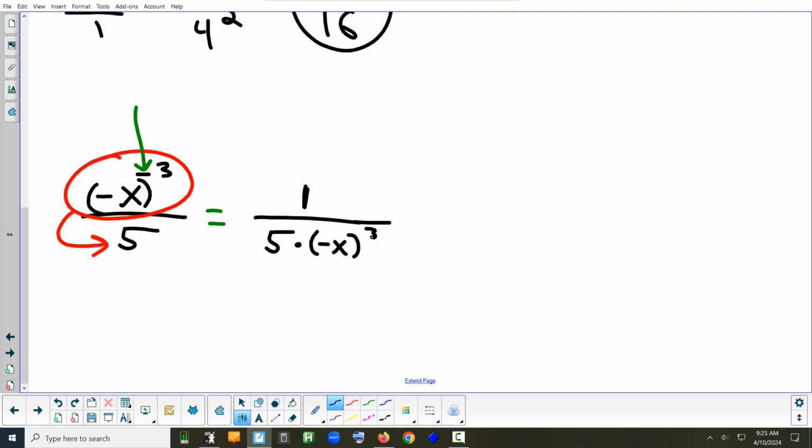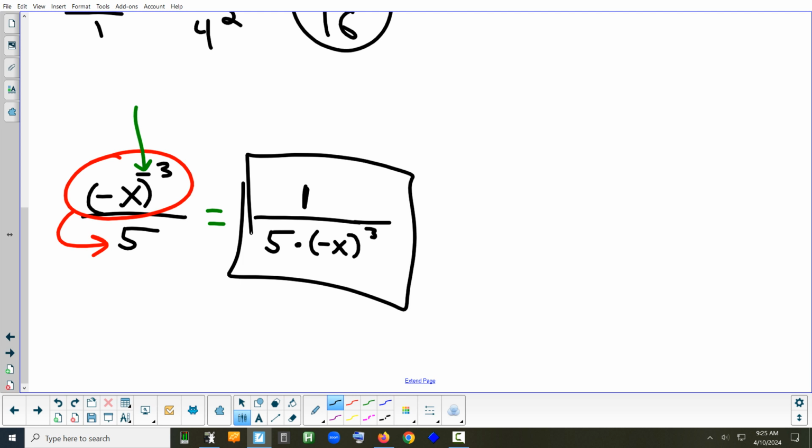This negative in front is not affected. It's only negatives in the exponent, and that usually trips people up. Okay, but that's exactly what you would get. Any questions on that? Okay, so that's one case I didn't really mention, but something that can come up.